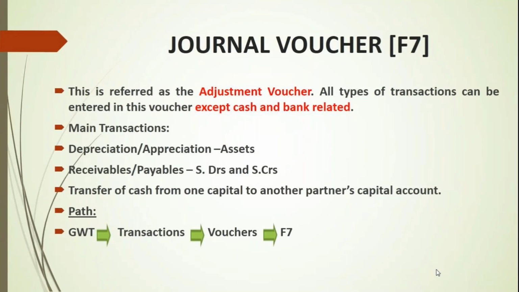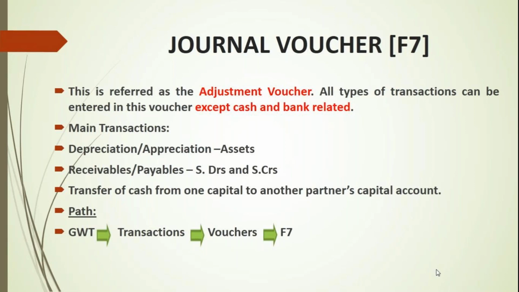Now, what do we mean by the journal voucher? The journal voucher is used for all kinds of adjustment-based entries. For example, recording appreciation or depreciation of assets, recording credit-based entries, receivables, payables, and transfer of funds from one partner's capital to another partner's capital account.